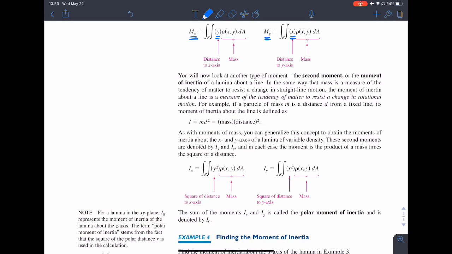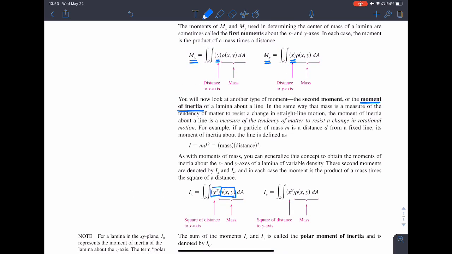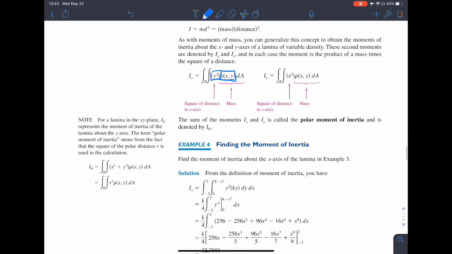And the second moment is a little bit different. It's called the moment of inertia. So Ix equals y squared multiplied by the density function. So basically, if we use the first moment, it's just y or x. If we use the second moment, it's y squared or x squared.